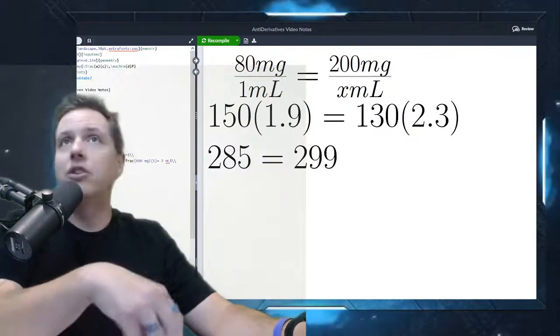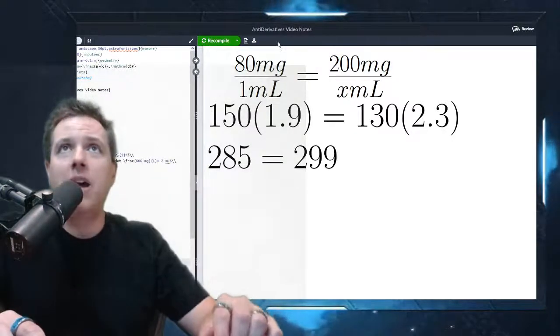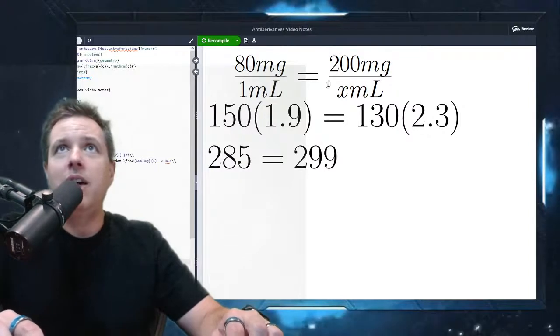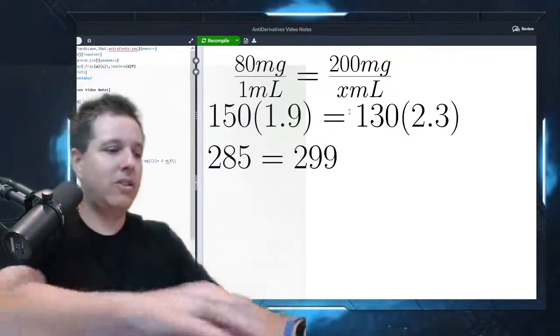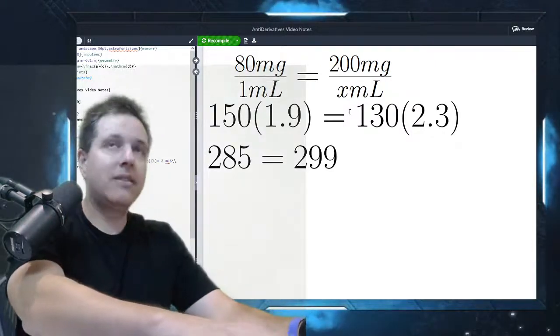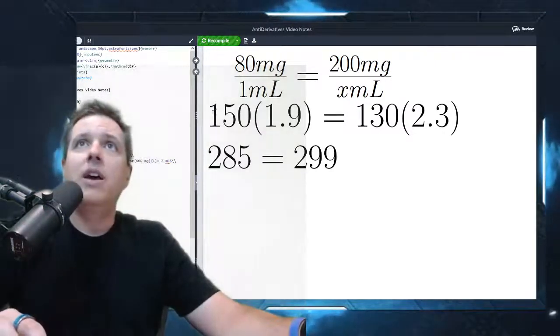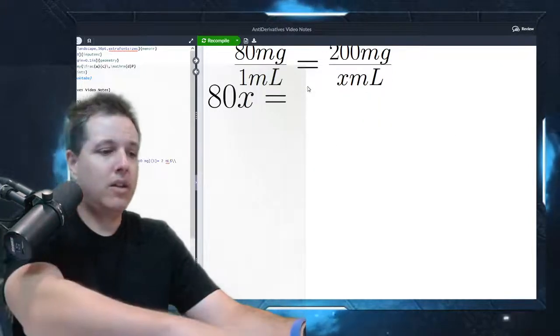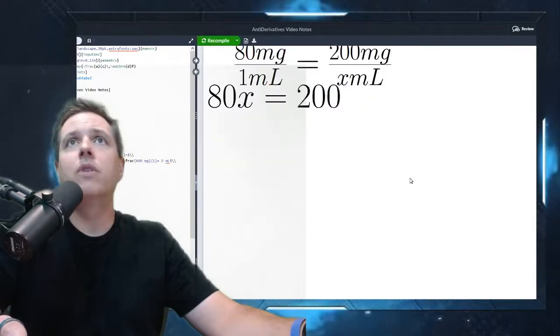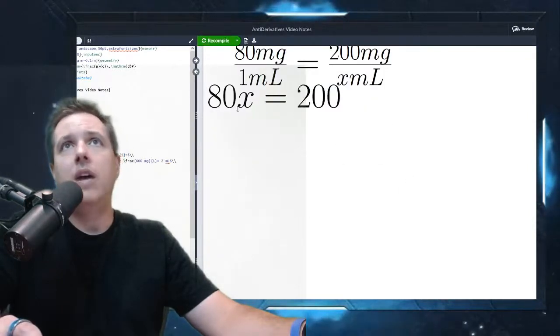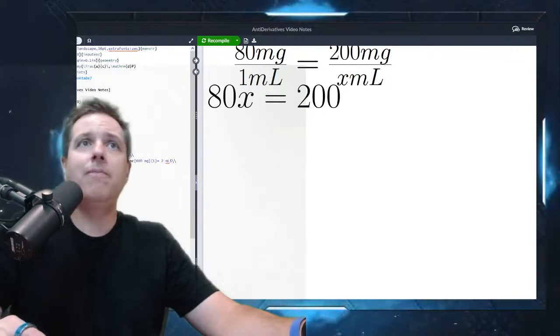Okay, so now we're just going to do the multiplication. So when I multiply top left diagonal to bottom right, I get 80 times x, right? So that's 80x equals, and then when I'm multiplying the other way, I get 200 times 1, so 200. So 80x equals 200. Now we're going to divide both sides by 80.